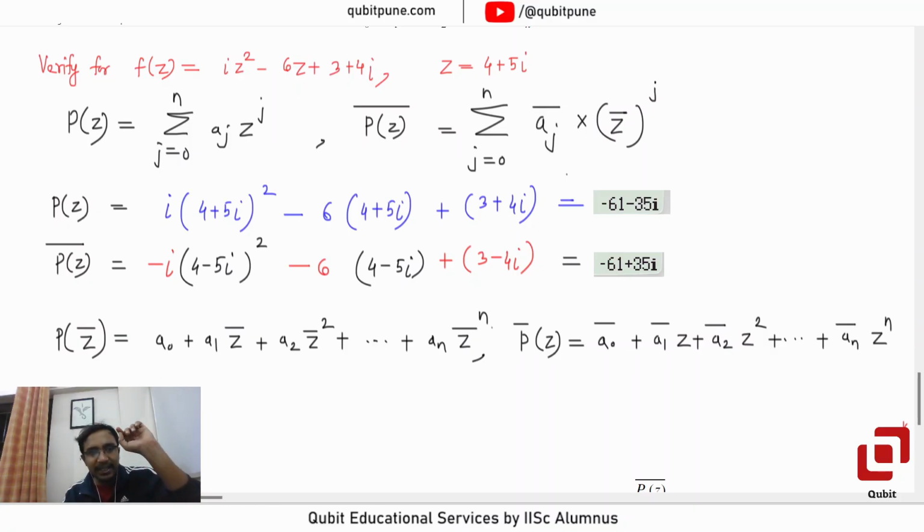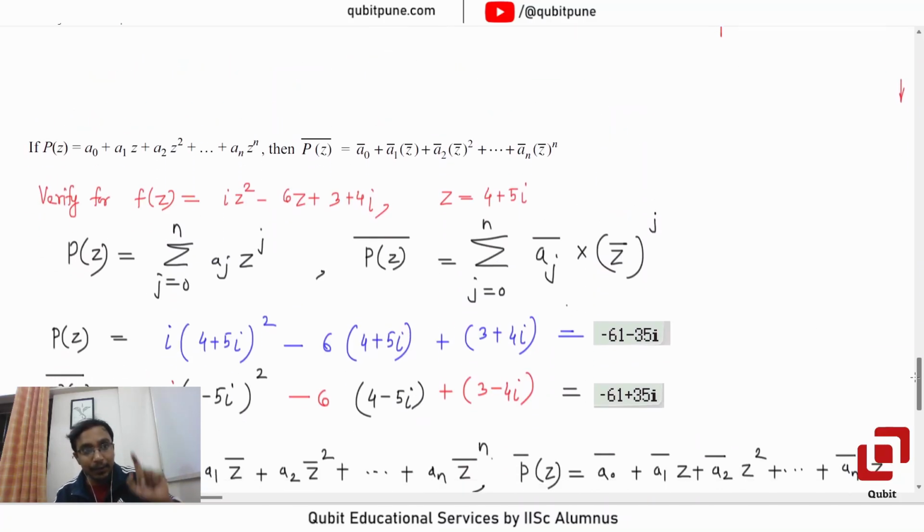But please note that these are different things. P of Z is different, P of Z whole bar is different, P of Z bar is different, and P bar of Z is different. So we have four polynomials represented by similar symbols.